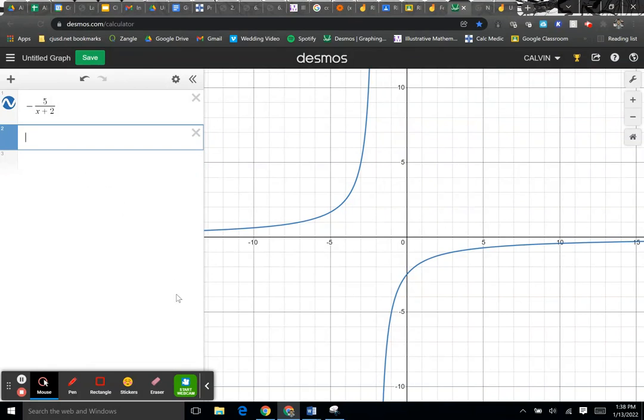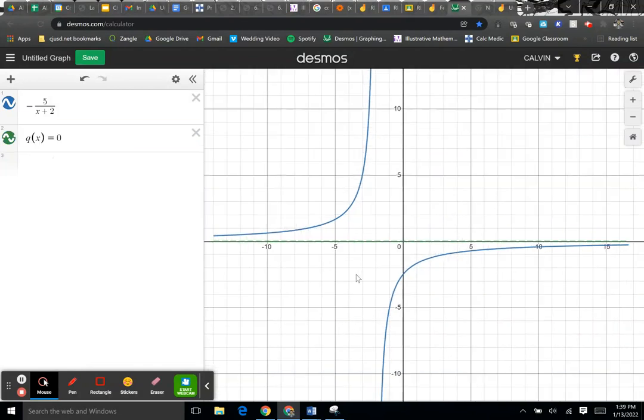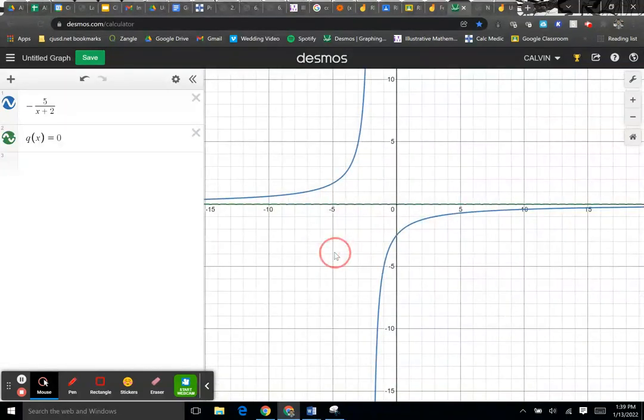What I also want us to do is graph the quotient. The quotient is 0. And I'm going to make it a dashed line. We can kind of see that dashed line right there.